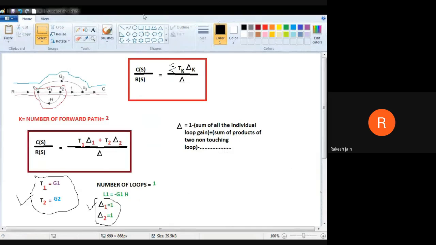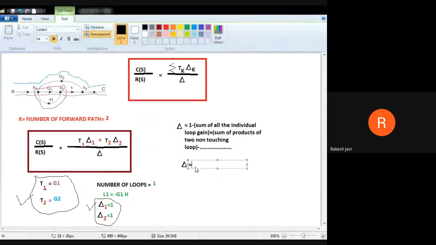But for this question, now check: del is equal to 1 minus the sum of all the individual loop gains, but here only one loop is there. So which one is the individual loop gain?